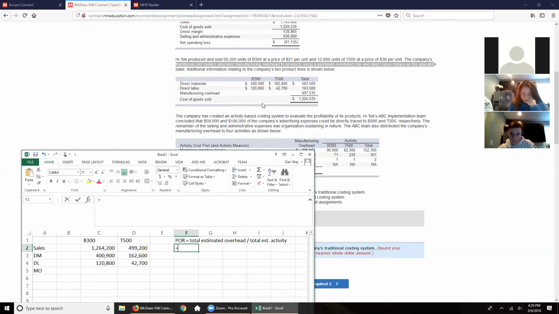So my plant-wide rate would be my total estimated overhead of 497,000 and change, divided by that total estimated direct labor dollars, 163,500. Okay.